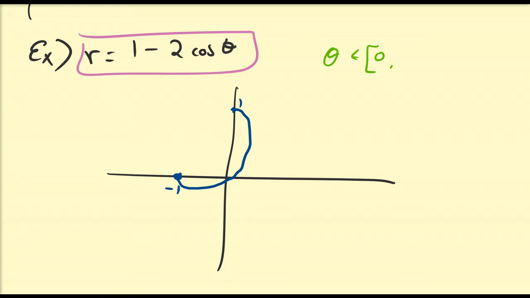So when r is equal to 1, this occurs when theta is equal to pi over 2. So this is theta equals 0. So you can plug in more values and notice that this curve will sweep around and go over here to minus 3. And this occurs when theta is equal to pi.